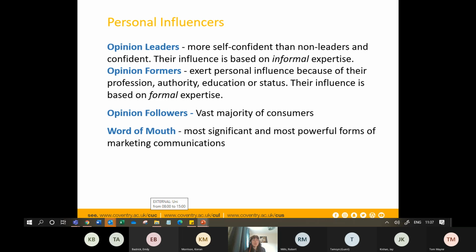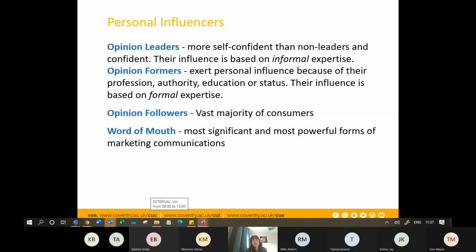So I think TikTok is a channel for younger people, and then there's celebrities on all forms of platforms, aren't there? Or non-celebrities, if you like. Opinion formers. These are people that you listen to because they know what they're saying, they know what they're doing. It's based on formal expertise.